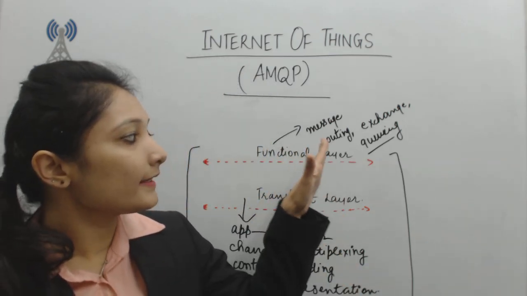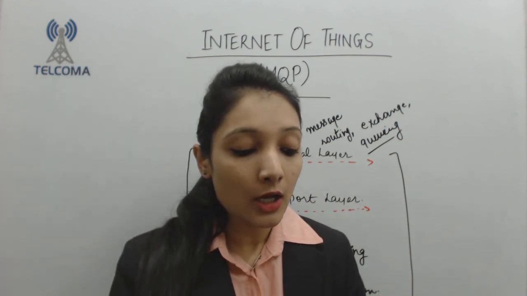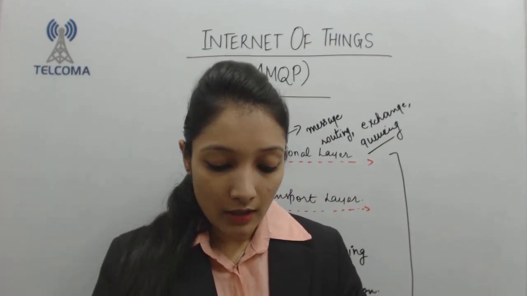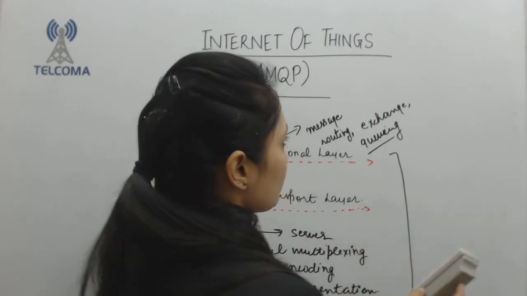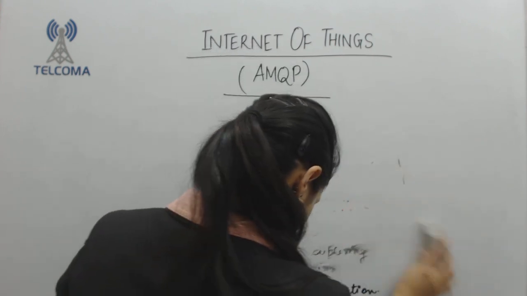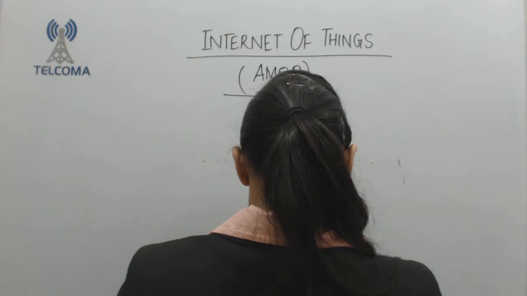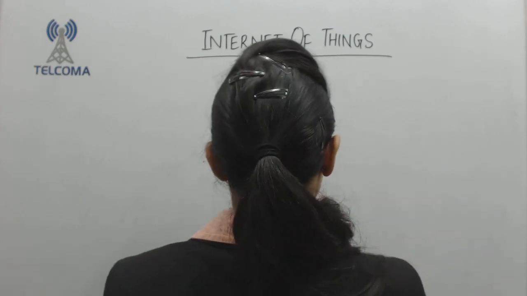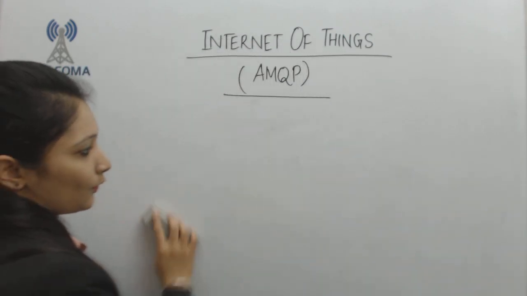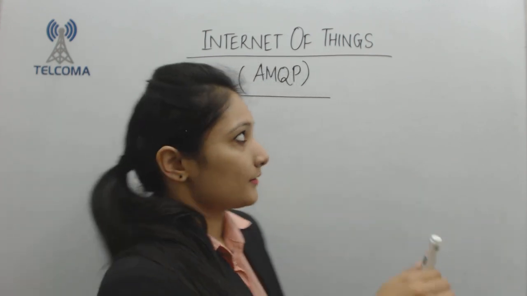So this is just the layered splitting of this architecture. Next we will see how this complete transportation takes place with the help of the architecture of the AMQP protocol. So next we have the architecture.